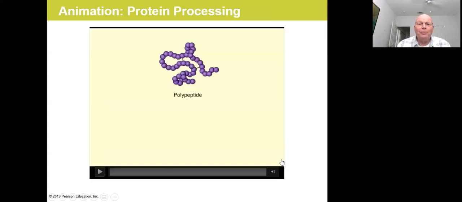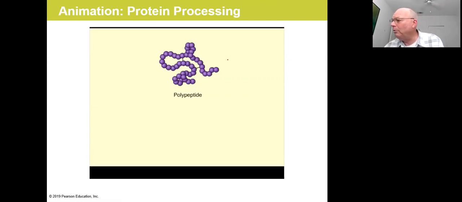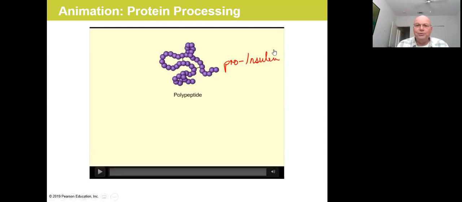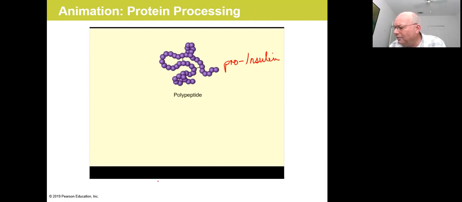And in fact, that's what this animation illustrates. So here you can see what is called pro-insulin. And if you follow through this animation, it shows you how the insulin is activated.